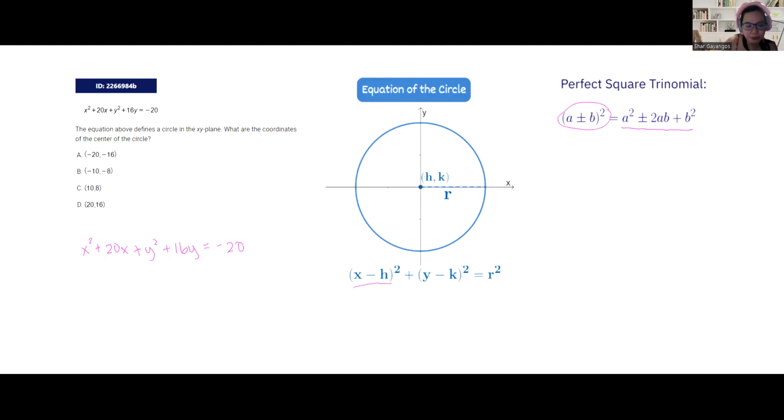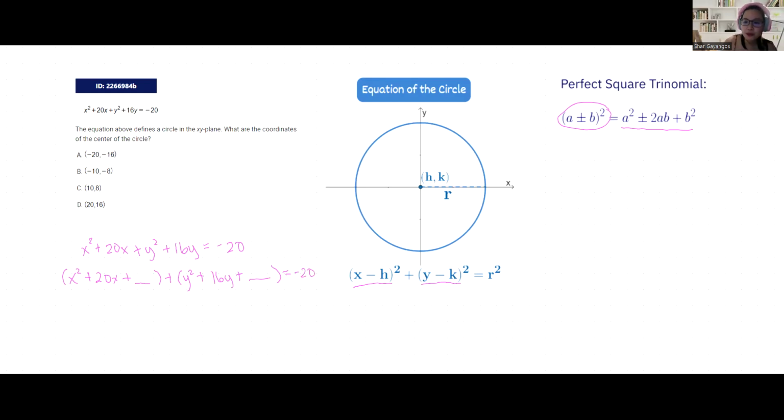So let's group all the terms with x and all the terms with y together, and then allot one space here for that missing constant so that these two become perfect square trinomials. And then, of course, we have is equal to negative 20.